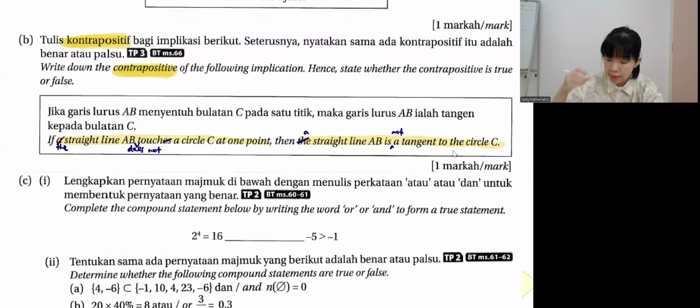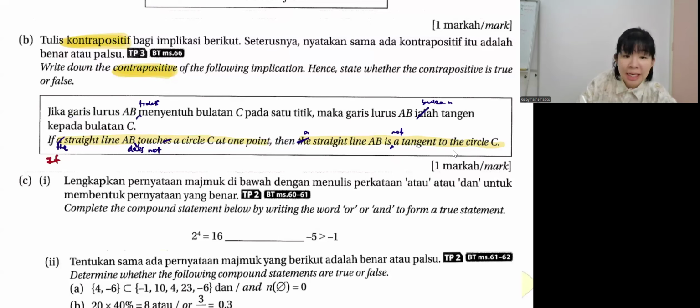For BM student, jika, you're going to write things at the back. Garis AB bukan, so this one change to bukan tangent kepada bulatan C, maka garis lurus AB tidak menyentuh bulatan C pada satu titik.